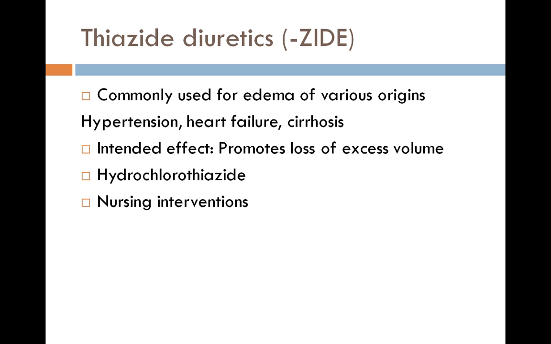One of the things I want you to remember is that some patients may take digoxin, which is a cardiac glycoside. When patients are taking diuretics and digoxin, digoxin has a very narrow therapeutic window. The therapeutic window for digoxin is 0.5 to 2 nanograms per milliliter.